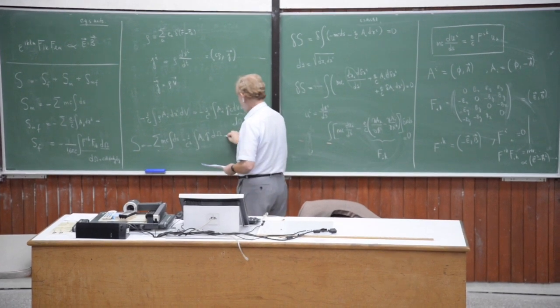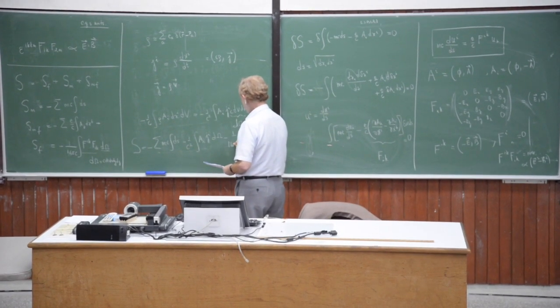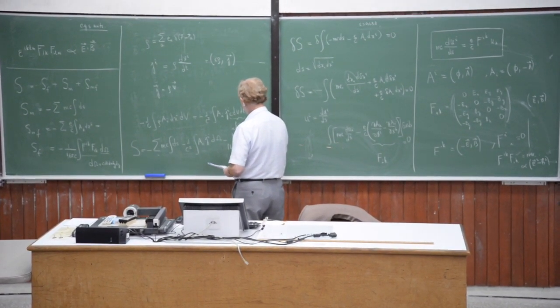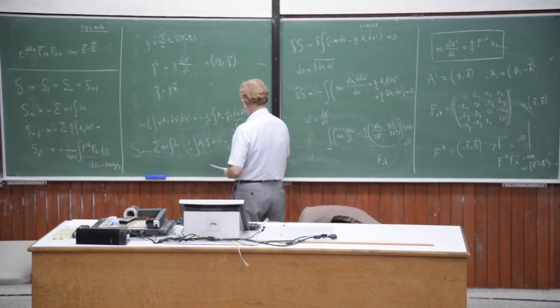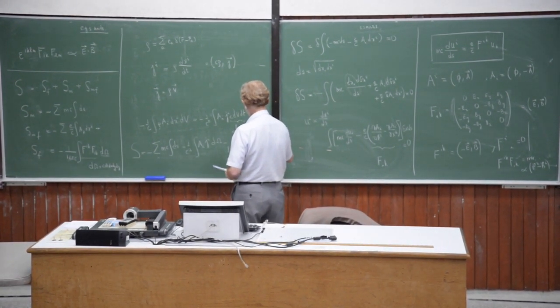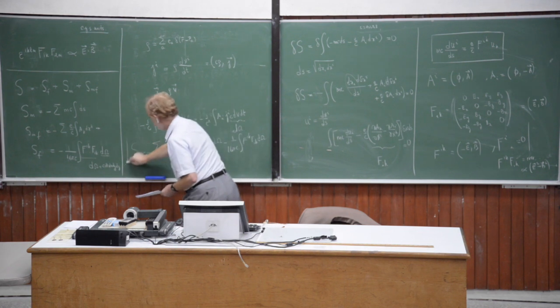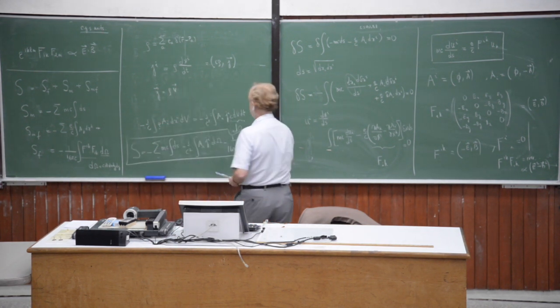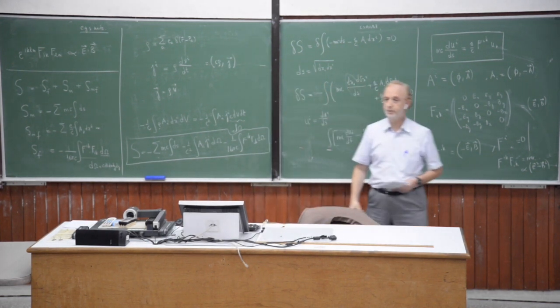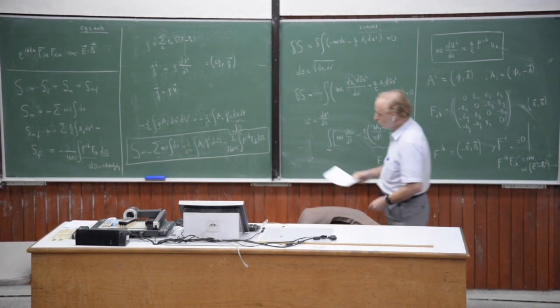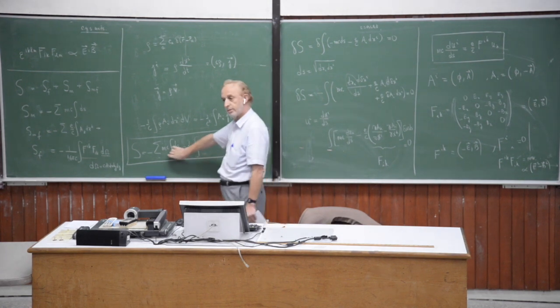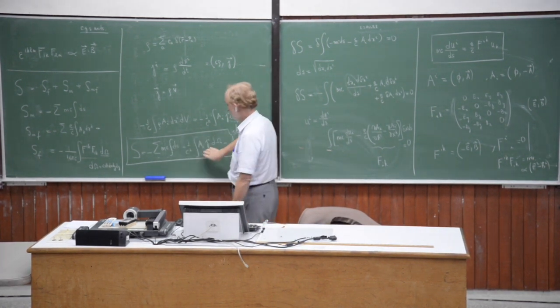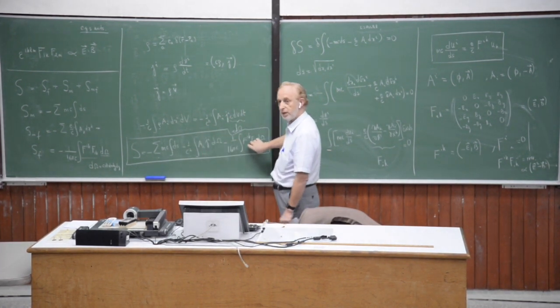And then I have 1 over 16 pi c, the field term, F_ik F^ik d omega. That's my action. So the first one is the particle matter action, then the matter-field interaction, then the field action.